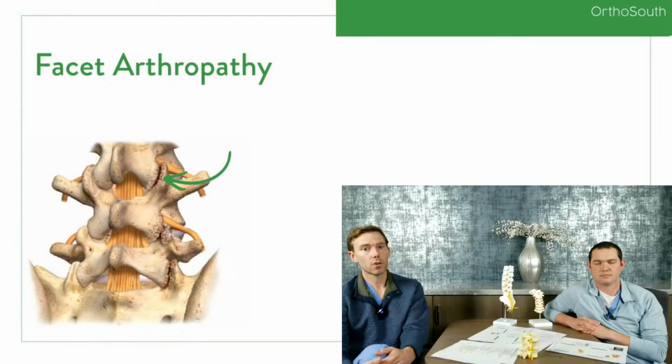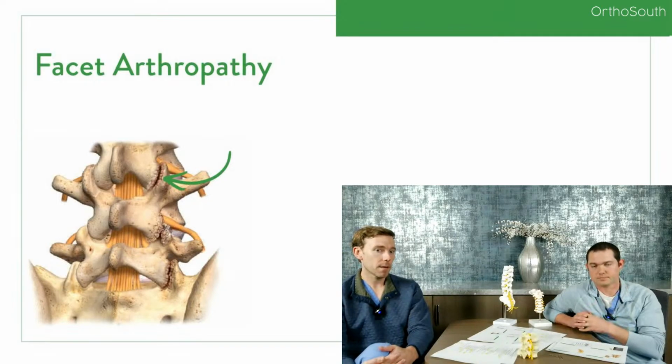So when you hear the term facet arthropathy, it refers to arthritis of that facet joint. But that can cause isolated back pain or a combination of back pain and a pinched nerve if you have a bone spur that has developed that might be irritating one of those nerves.